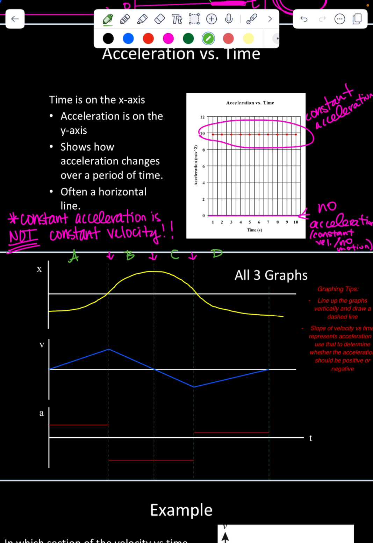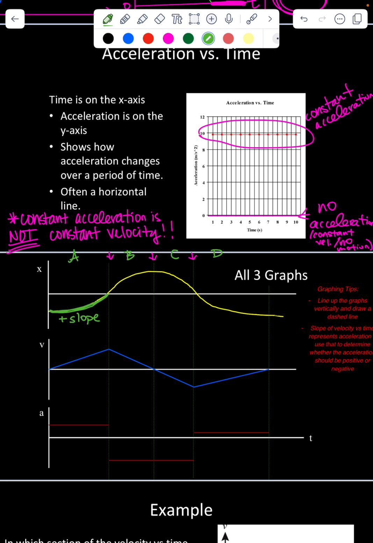Let's look at that first part, segment A of our position versus time graph. We should be able to see that we have a positive slope.